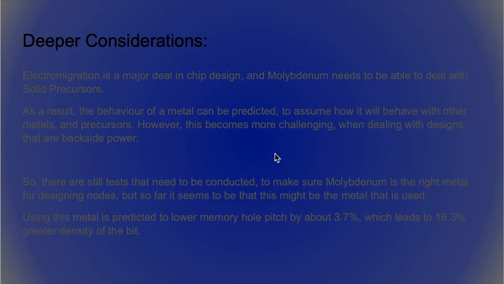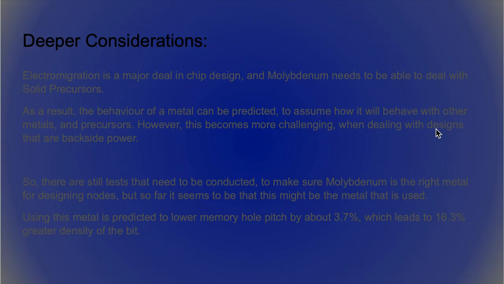This does eventually become a challenge, though, depending on the design you're using. If it's a backside power design, then doing these predictions becomes more challenging. So that's still in the process. Essentially, these tests are still being performed, and there's still some ambiguity about whether molybdenum can or cannot, and whether it should or should not be used, to design nodes for chips.